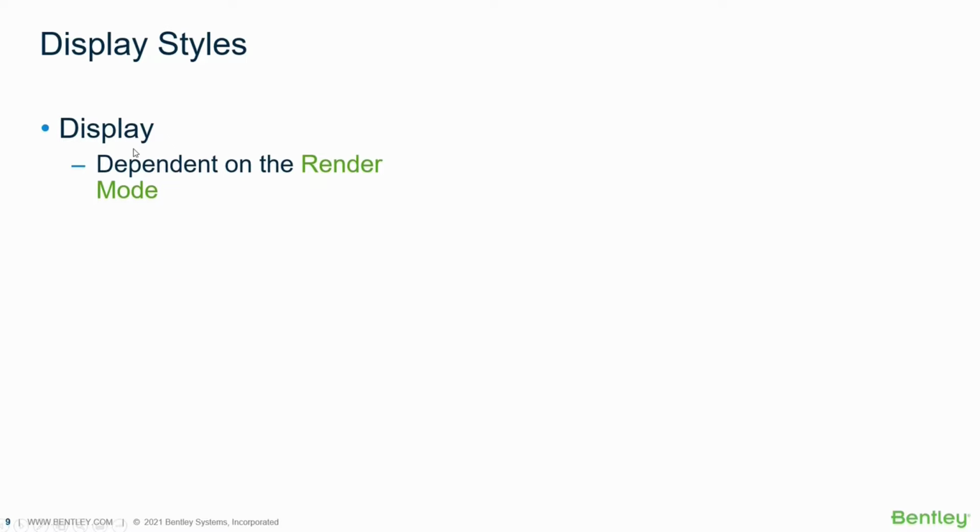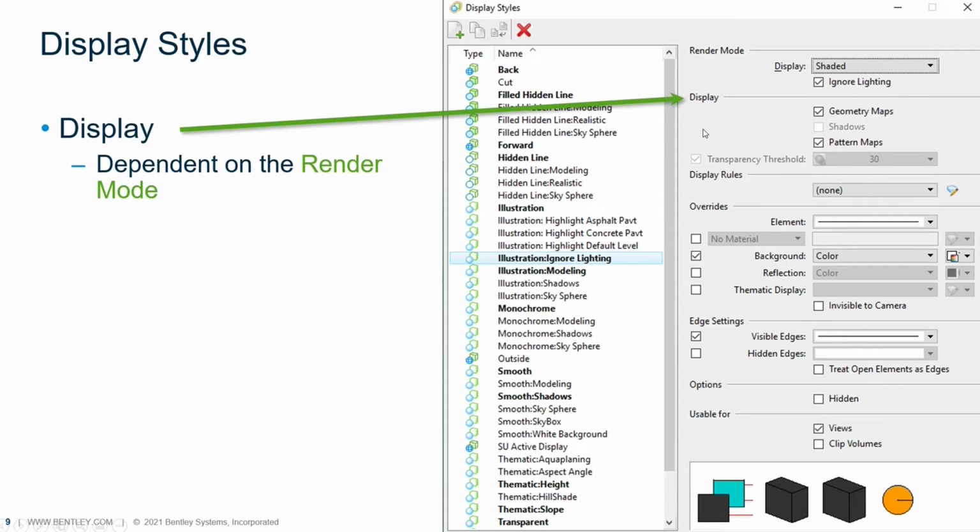The next one down the list there is the display mode. So this display option right here has some different toggles in it. It's dependent on the render mode. Depending on what you set this one to, again, wireframe, filled visible edges, shaded, those 4 options will determine what happens here. And actually, when this is set to wireframe, this whole display area goes away.